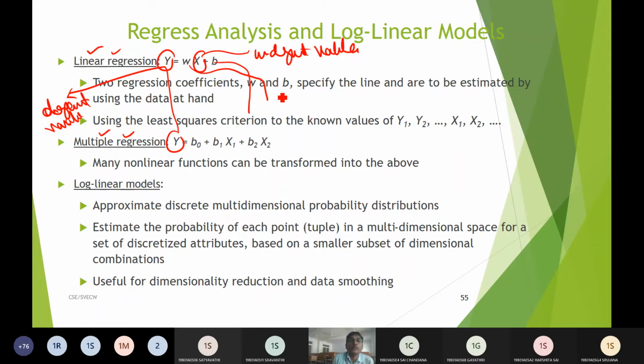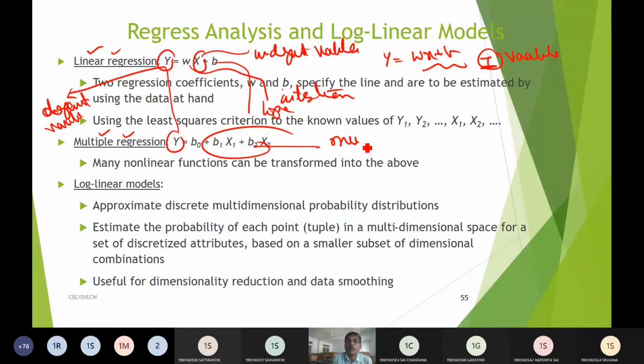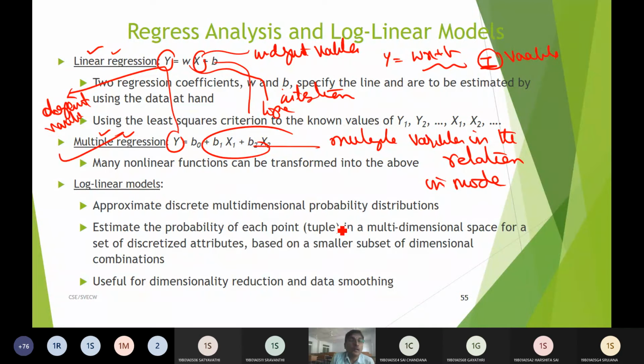So w we are going to call the intercept, and b we are going to call here the slope. So these are the items. Now you can see the line y equals wx plus b. You have only one variable, but at this point we are going to have multiple variables in the relation or in the model. That is the reason why we are going to call it a multiple regression.